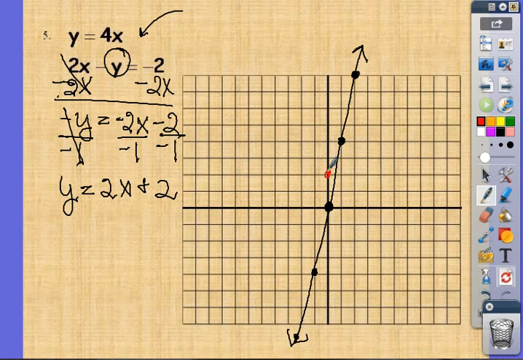At 2, and then we move up 2 and right 1. Good. Over's not a real good word. I need direction, like right or left. There you go. So, my solution to my system is what? 1 and 4. 1, 4.